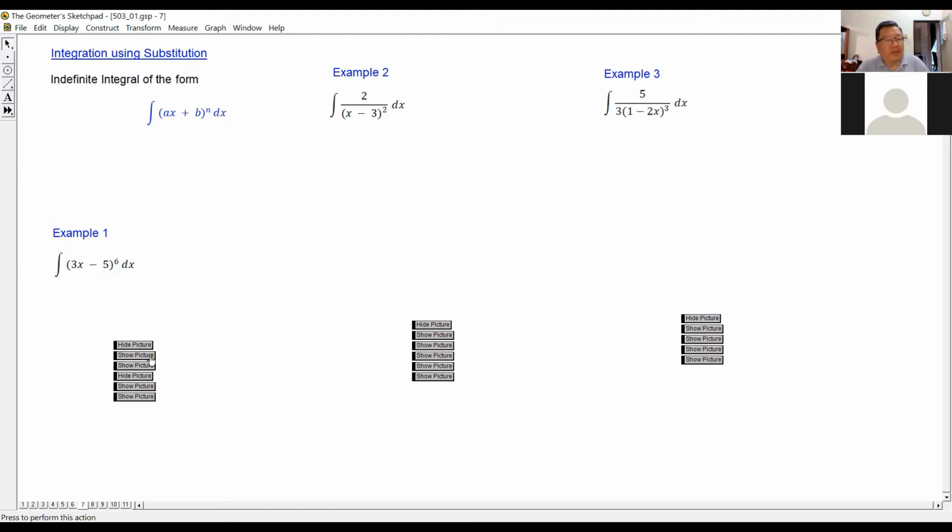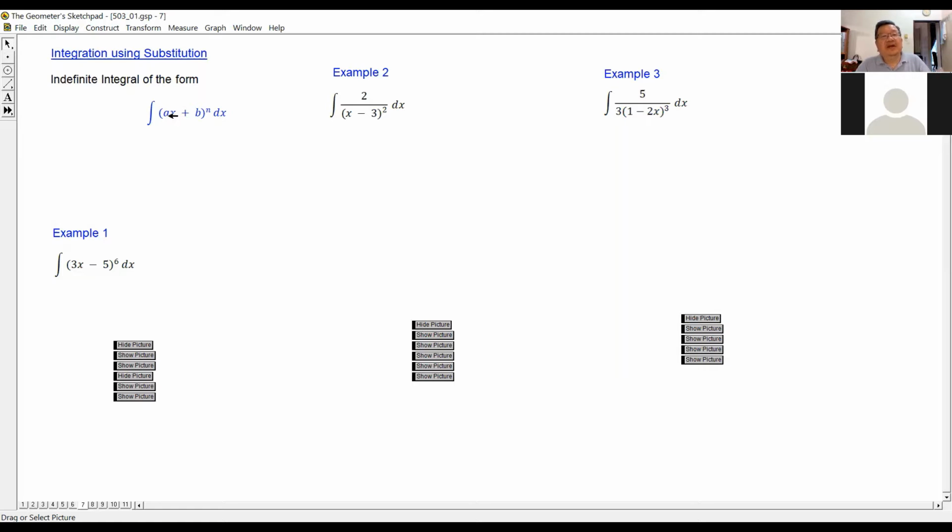Now for this form, the term inside the bracket is linear. If it is not linear, you can, but you have not learned this yet. What you are learning now is that inside the bracket there is a function which is linear.